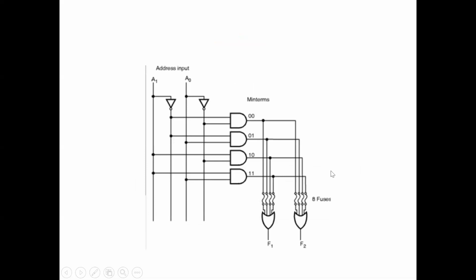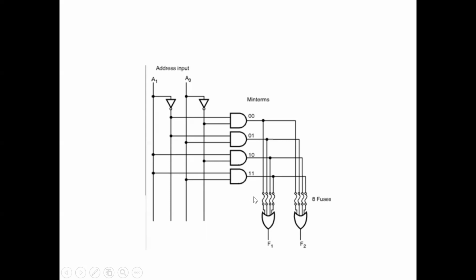See here, this is an application. This is for a PROM. Programming here means a fuse or a switch. You connect a switch, it will get connected. Switch means what? Again, refer to your MOSFET. If you give a gate signal, the switch is on. If you remove the gate signal, the switch is off. So you see here you have a fuse, and I can consider this as a switch.